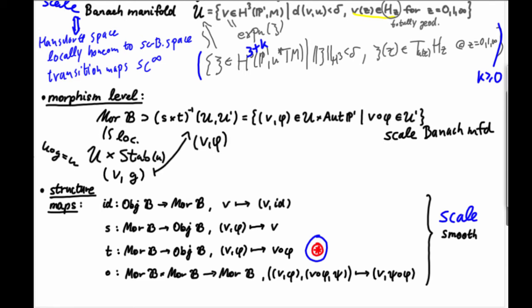So the condition here is that phi is approximately equal to g, but it satisfies this condition, so V composed with phi is in U prime, which means I would like V at phi of z to lie in the new hyperspaces H prime z. Those are the slicing conditions here.